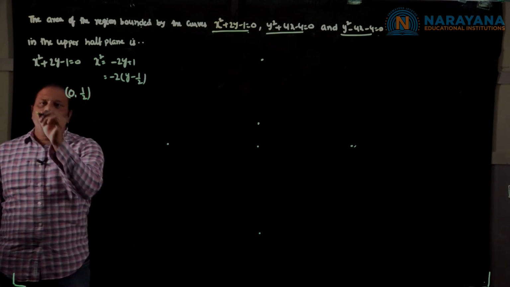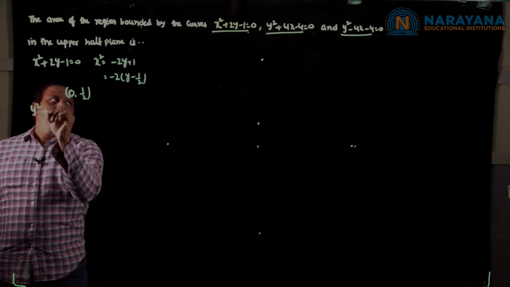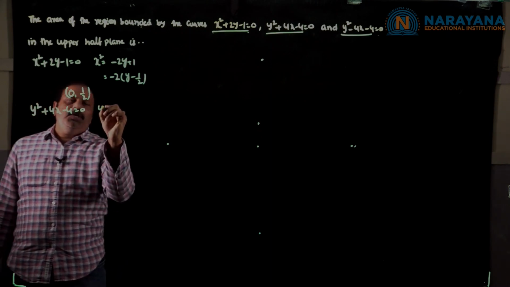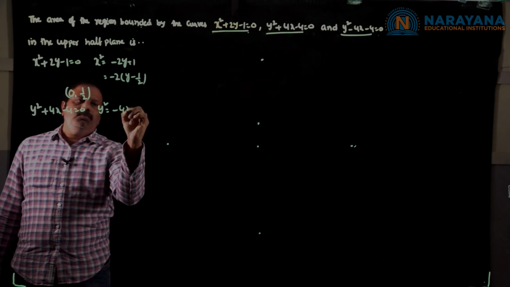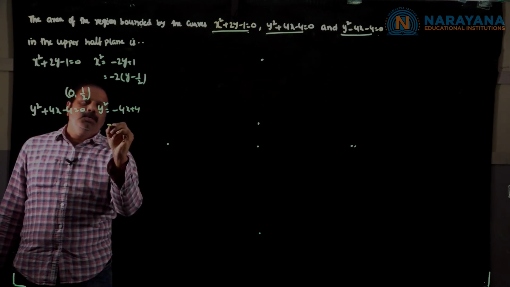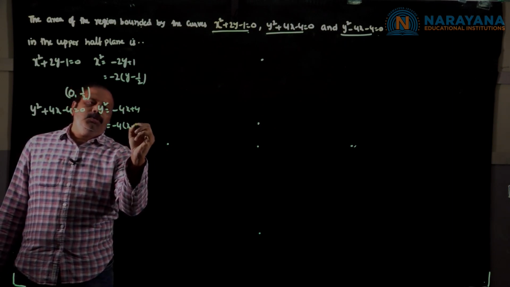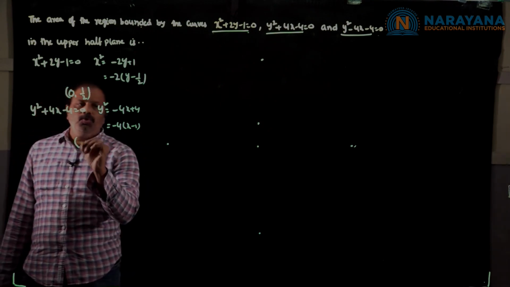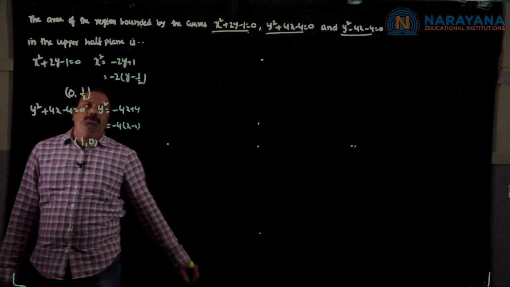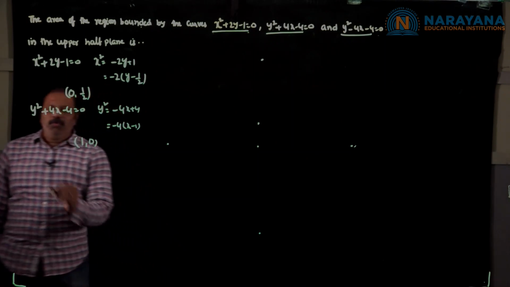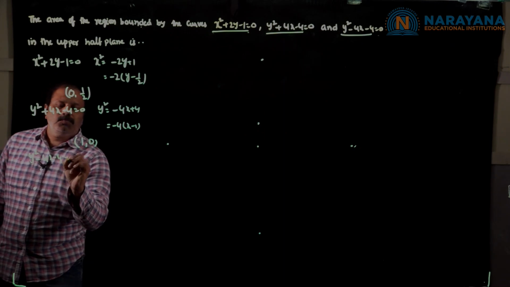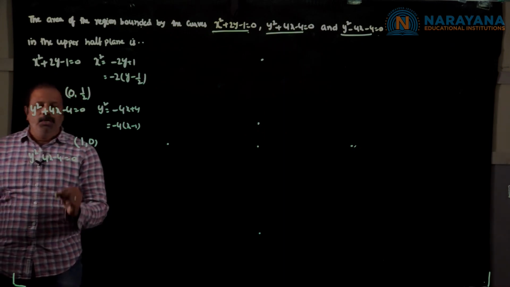Next curve, y squared plus 4x minus 4 equals 0. From this, y squared equals minus 4x plus 4. If I take minus 4 common, x minus 1. This is a left-handed parabola whose vertex is at 1 comma 0. Now the third curve, y squared minus 4x minus 4 equals 0.